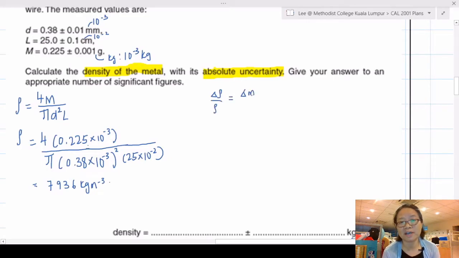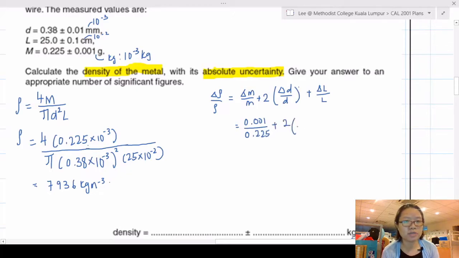And now I need to find the absolute uncertainty. So when I measure density, right, I include M, D, and L. So I have to include all the uncertainties. M, D, and L. But D I use 2 times because square, that's why I multiply by 2. Percentage uncertainty in M will be 0.01 divided by 0.225.